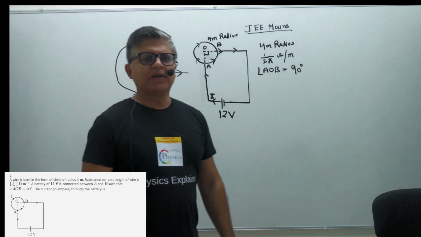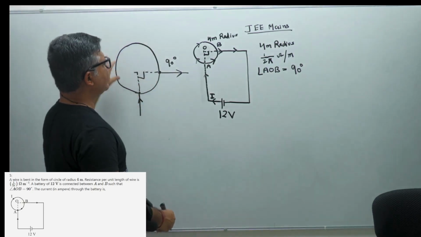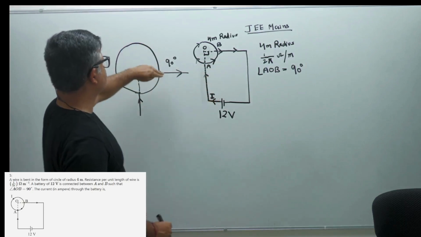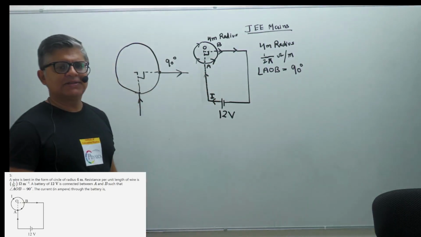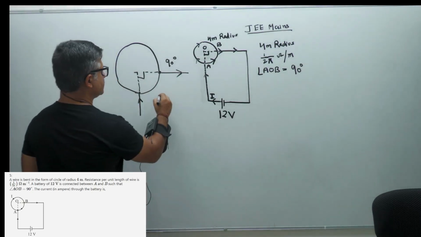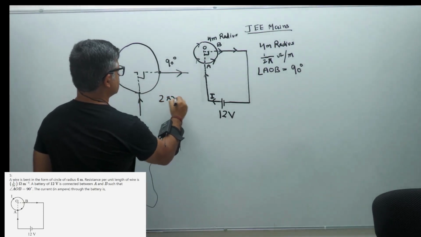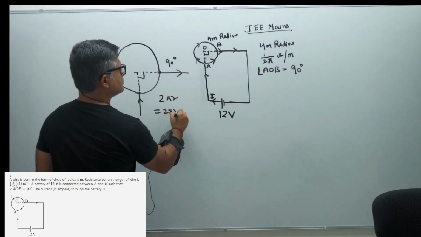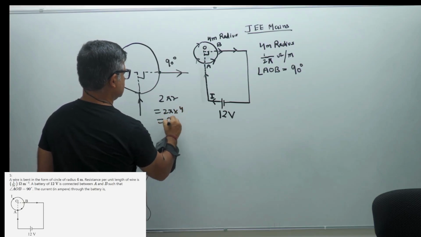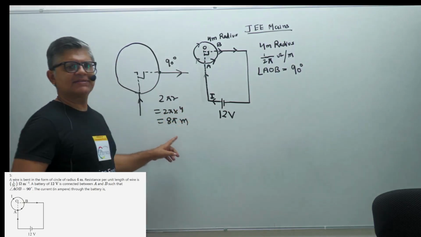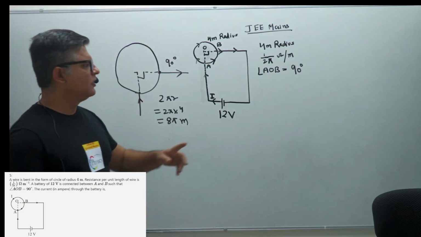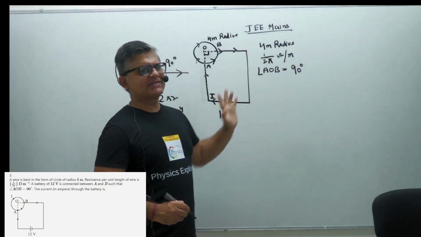Now let's see. The overall radius of the circle is 4 meters. So that means the circumference is going to be how much? This is the circumference of the wire, whose resistance per meter is this.